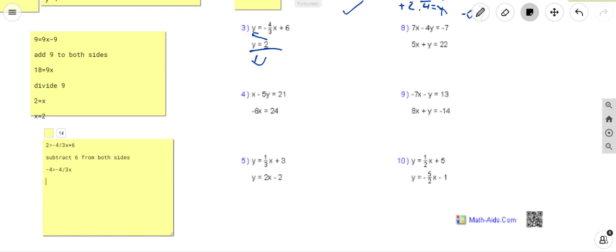Oh, sorry. We would divide. Somebody tried to correct me through the video. We were right. Divide. We would divide actually by the opposite of the equation.